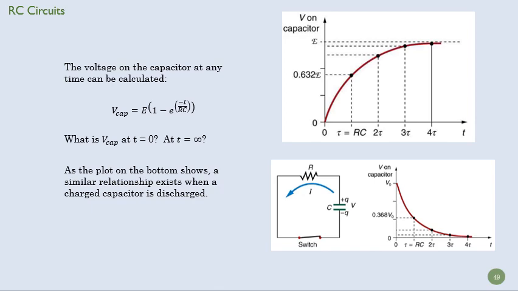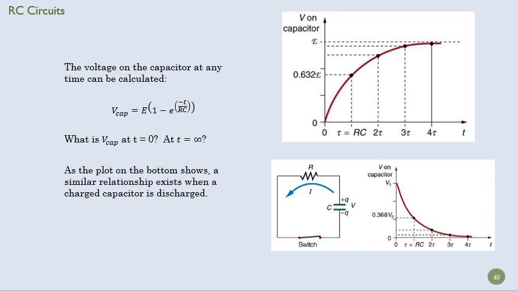I can then calculate, this is an exponential equation basically describing this curve. I can calculate what my voltage on the capacitor at any given time is with this equation here. At time equals 0, right? What's my voltage on the capacitor? You'd expect it to be 0, right?